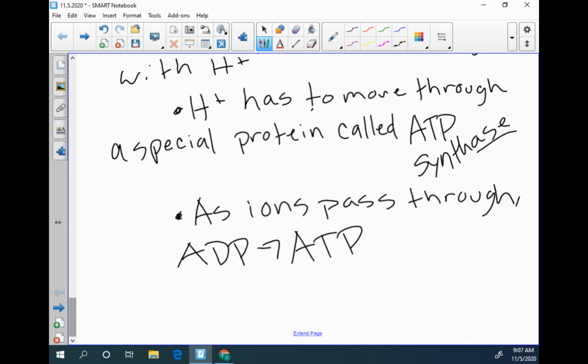So we have an ADP and a phosphate, and it'll go into and out of ATP synthase and come out ATP.